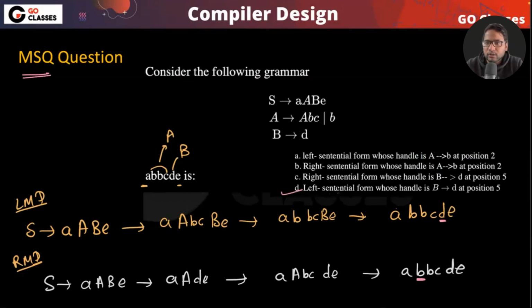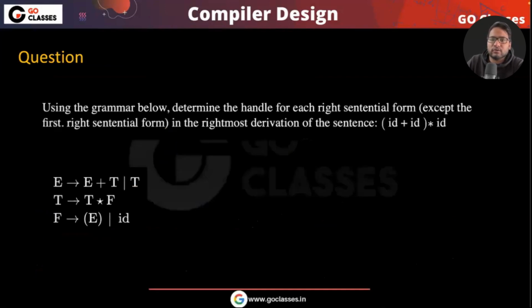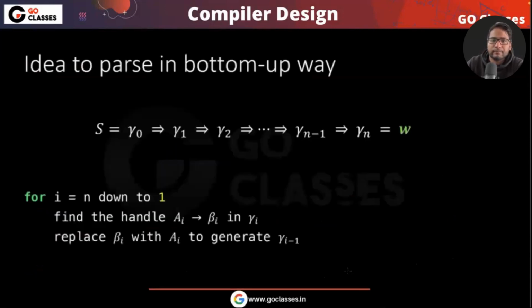I think this is true. In the right sentential form, I think AB at position 2. Okay, B and D at 2, right? Understood? Okay. So generally we don't need the left sentential form because all of this is basically for the bottom-up parser, which uses the right sentential form, and we will see how it is using it. Don't worry. So just do this question also as homework.